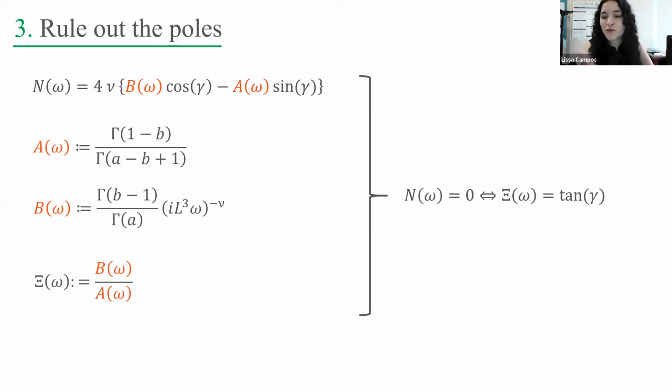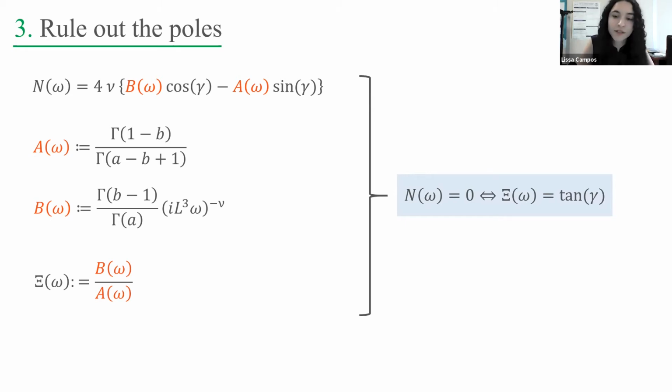I mean, we can always find a gamma such that this equation holds if xi of omega is real valued. So that's the condition that we check. And if we do that, the first thing we obtain is that this function can only be real valued for purely imaginary frequencies.